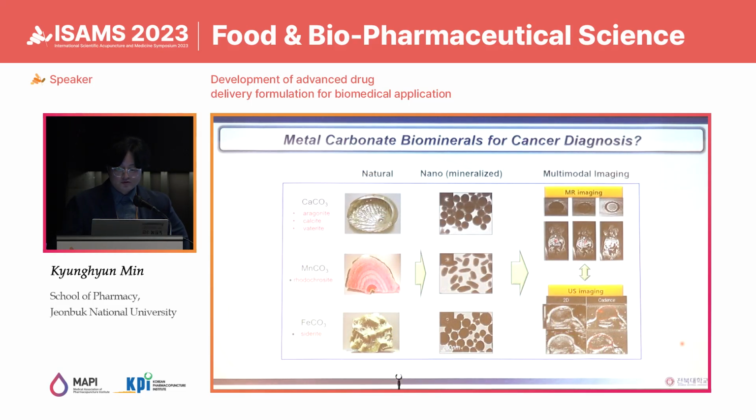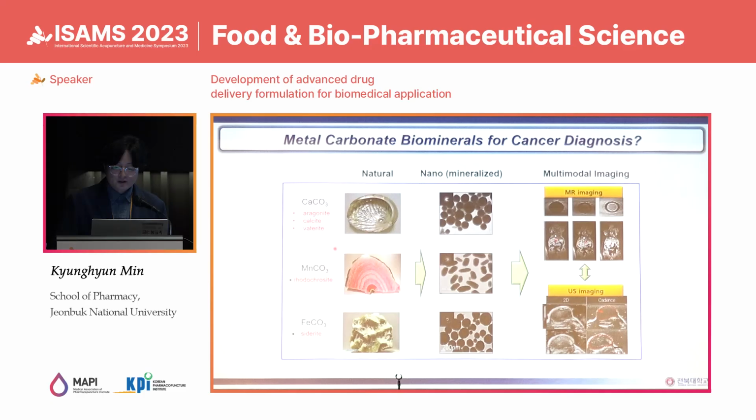So let's move to the next topic, about the potential of metal carbonate minerals for cancer diagnosis. We can easily find many naturally mineralized crystalline structures: calcium carbonate having 3 crystalline polymorphs, rhodochrosite from manganese carbonate, and siderite from ferrous carbonate are good examples.